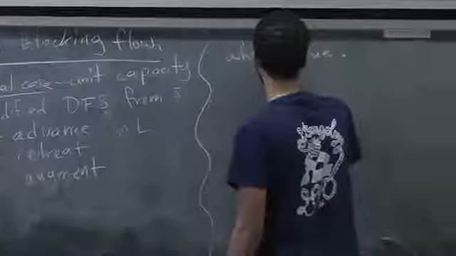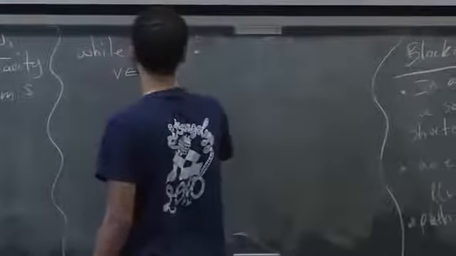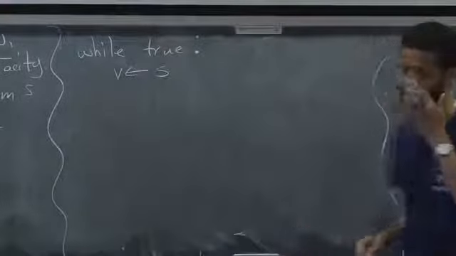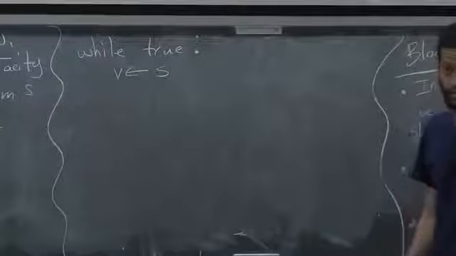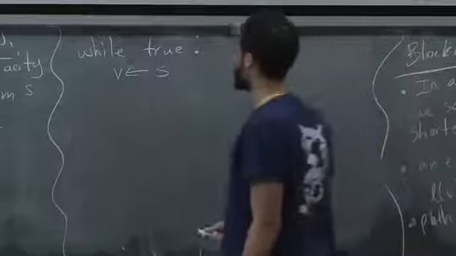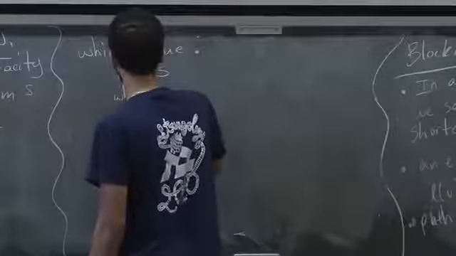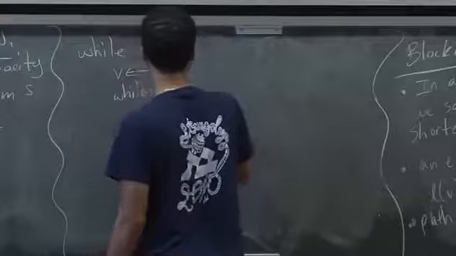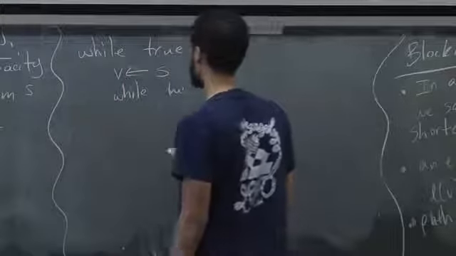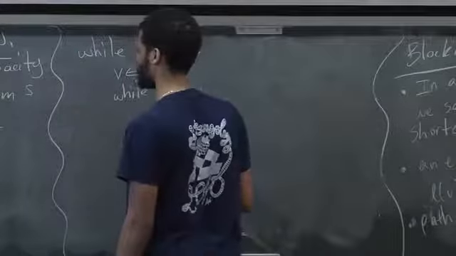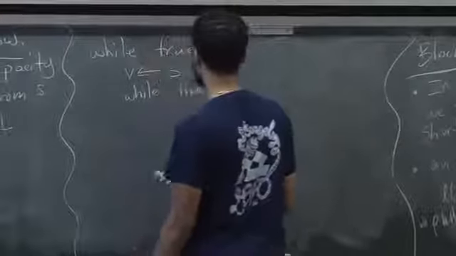I'm going to say V is going to get set to S, our current vertex. And then while true, advance.